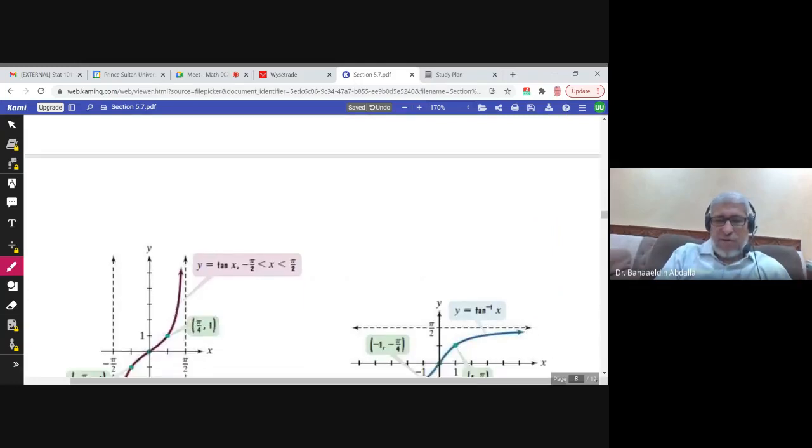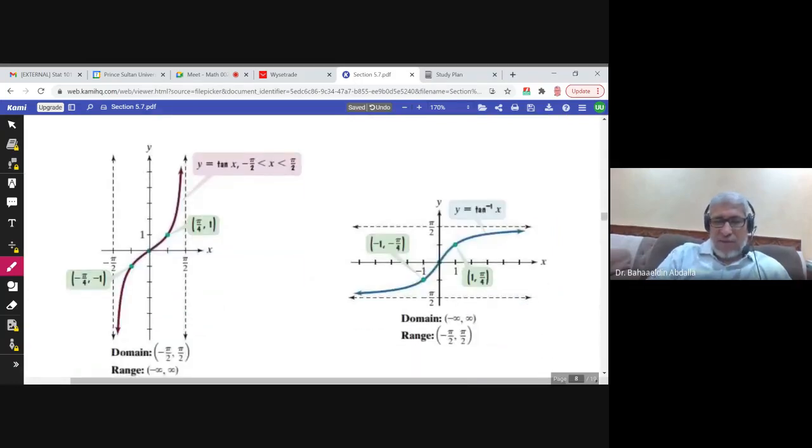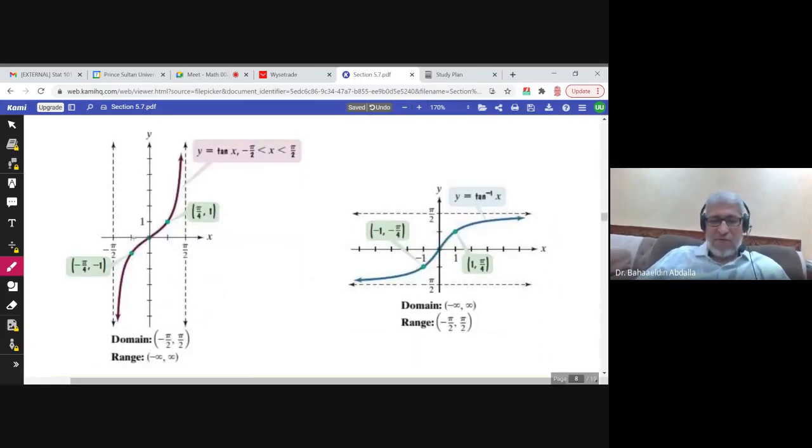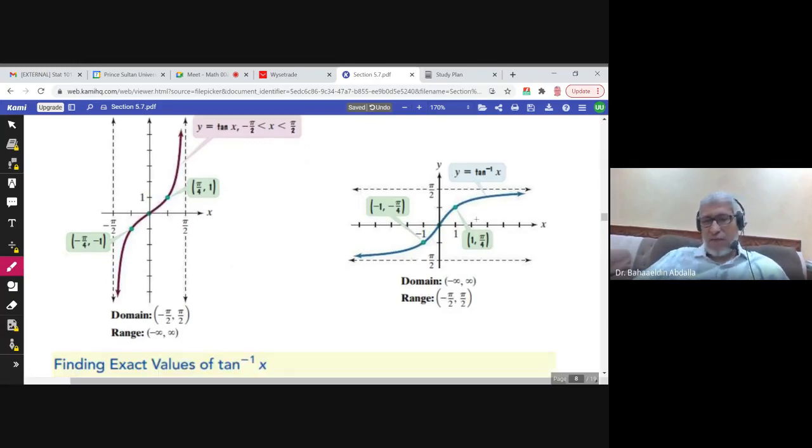Let us solve. This is the graph of tan x from negative pi over 2 to pi over 2. We reflect this graph about the line y equals x. We get the graph of tan inverse x. Notice here that tan inverse x is always between negative pi over 2 and pi over 2.